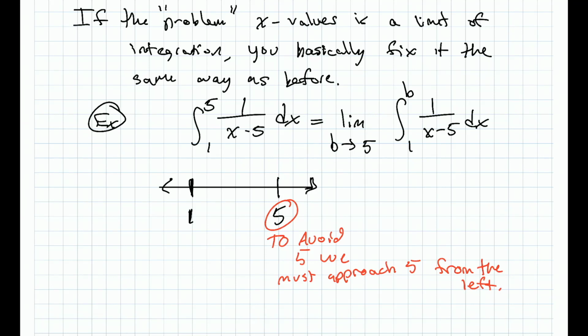Because the region that we're integrating starts here at 1, and you don't want it to go past 5, because then 5 is in your interval, and you're not allowed to have a divide by 0. So you can't draw the interval that way. You have to have your interval on the left, and then when we take our limit, the limit takes you up to 5.